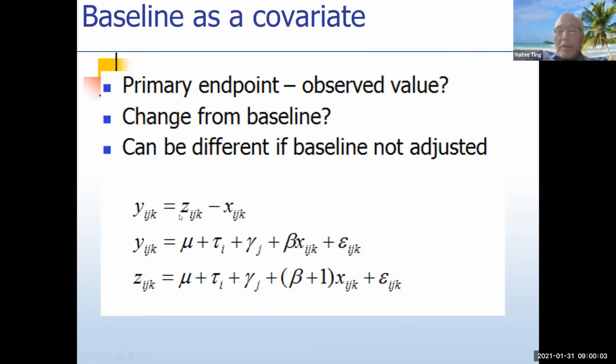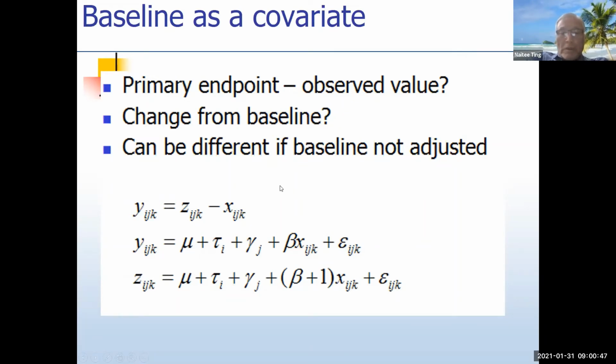If we're looking at blood pressure, say this patient's baseline blood pressure is 170, and after 4-week treatment, it reduces to 150. 150 minus 170, you get minus 20. That's the response variable you analyze. Or you can analyze 150 instead of minus 20. So you analyze the difference between baseline and endpoint, or you can just analyze the endpoint, the week 4 value.